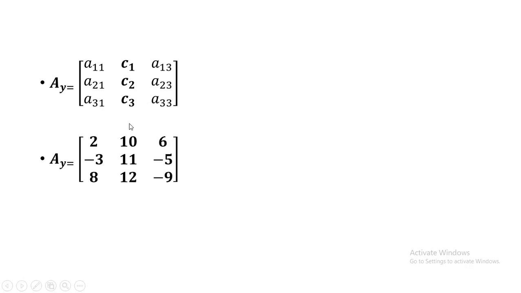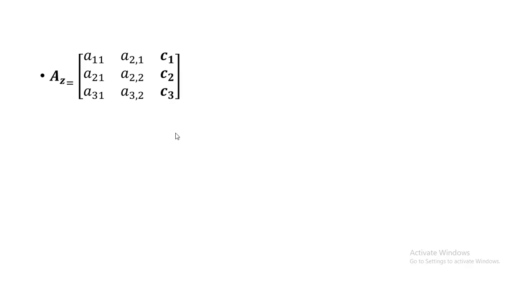Now they are written in the second column. 2, minus 3, 8, 6, minus 5 and 9 are the same values as in the coefficient matrix. When we reach this stage, we find its determinant, and I've already calculated it. It's minus 1492, so you just calculate it and verify your answer.